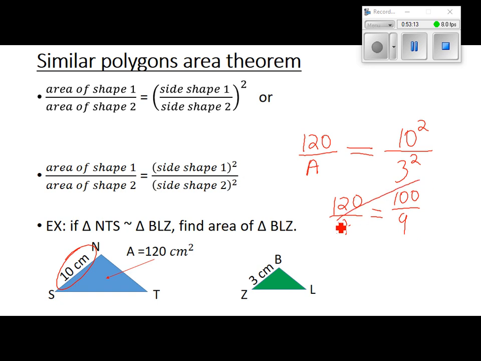Then we cross multiply. I cross multiply that way, what's that give me? 100A equals, cross multiply this way, what's that give you? 120 times 9. 1080. Everybody agree with that? Then what do we do?